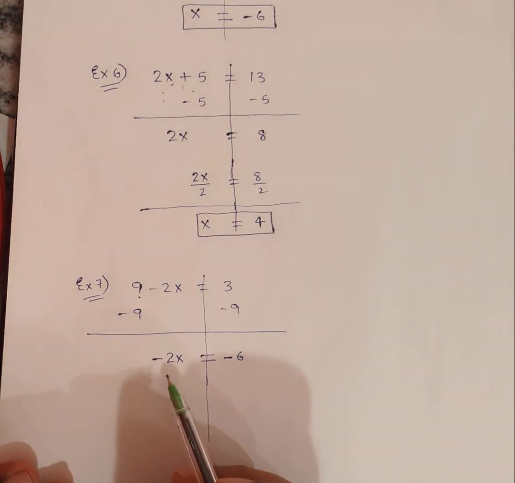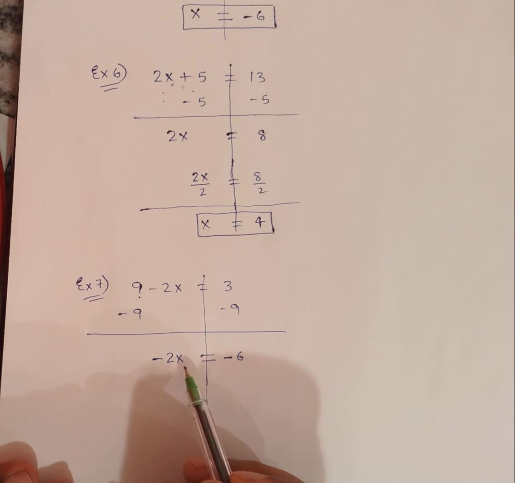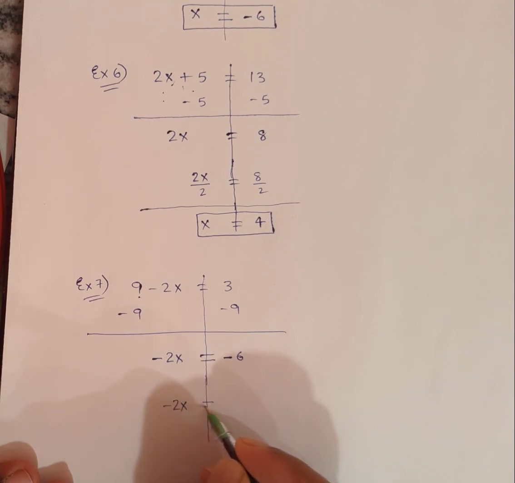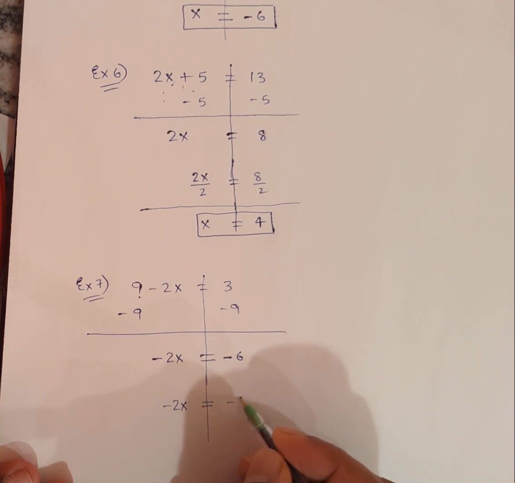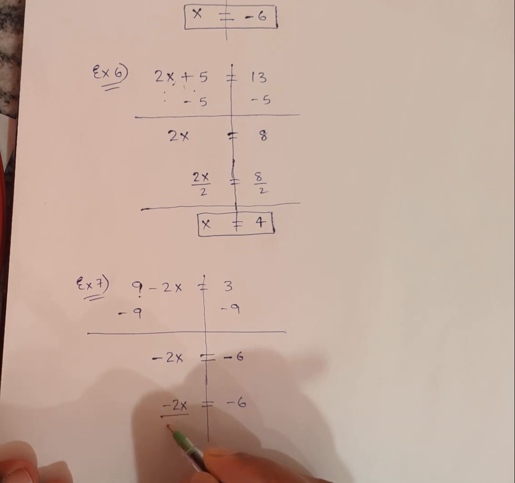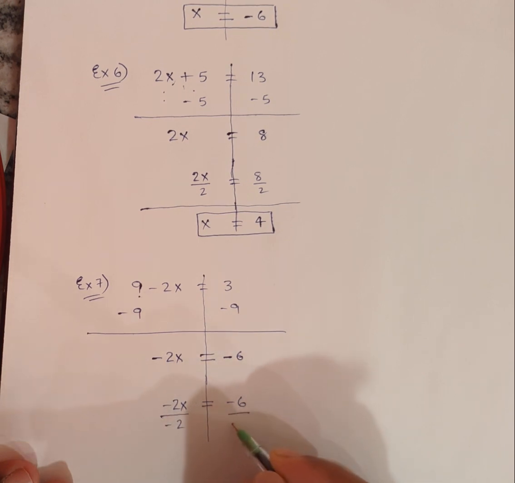And negative 2 is being multiplied with x. So to get rid of that negative 2, we divide both sides by negative 2. And then copy our equal sign.